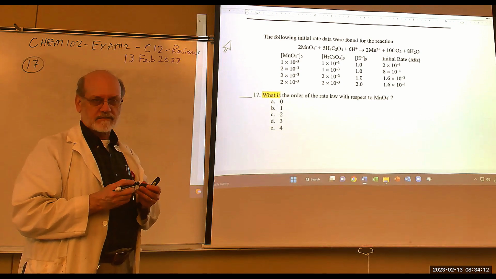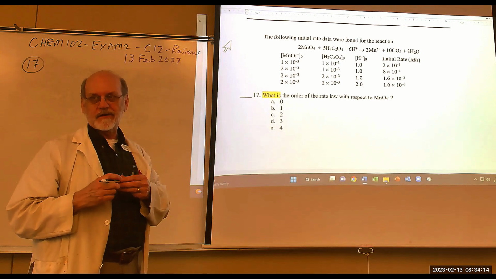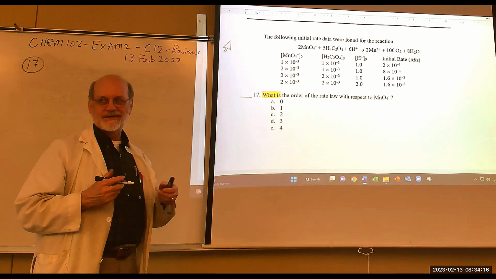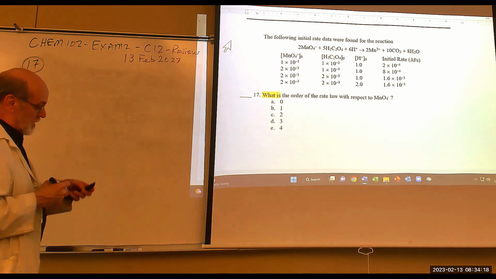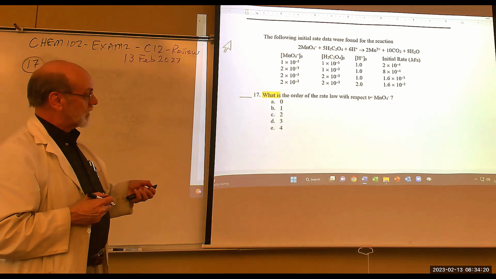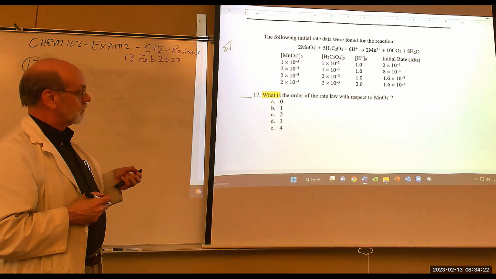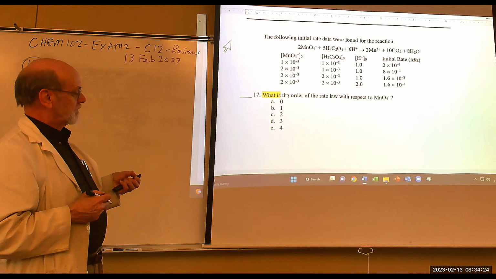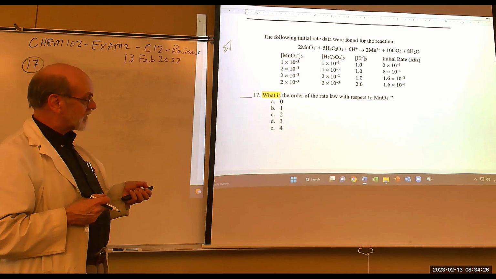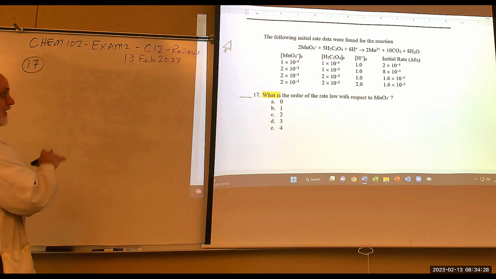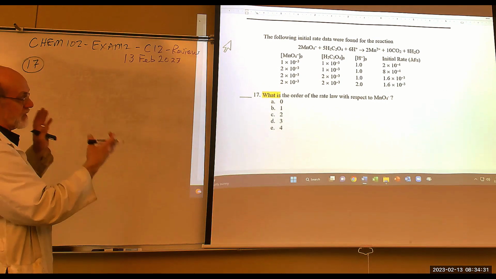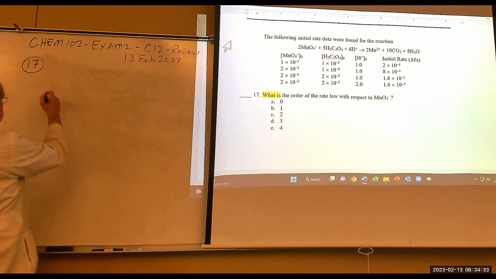Okay, is that fair? We're on the right track. Okay, so since it asks only for the order of MnO4, we don't have to mess with the rest of it. It just asks for the order of that term. So we write the rate law, which would be the reactants only.